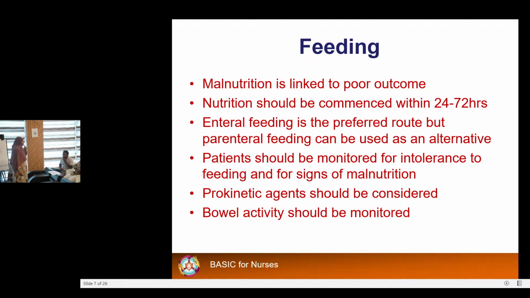What happened to the GI system? What will happen? Any organ, if you don't use it, what happens? Atrophy, is it? But also the barrier function may be lost. So it is recommended to start with enteral, but parenteral feeding is associated with complications.